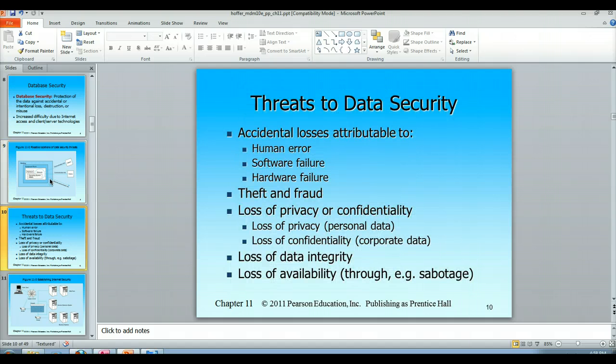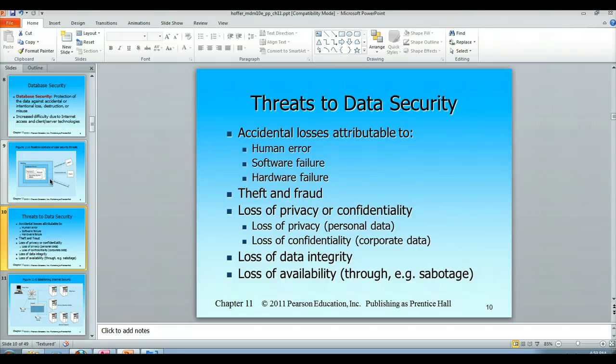What threats do we have? So, I mean, the worst kind, or the kind that you really can't plan against, is accidental loss. Either you have an employee that accidentally issues an SQL command that damages your data, or you have a software failure where the database management system or the operating system causes some kind of disruption of service, or corruption of data, or loss of files.